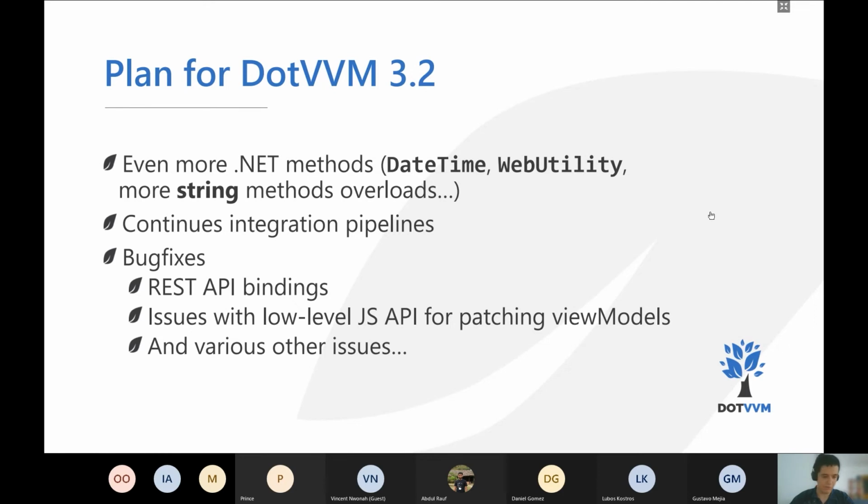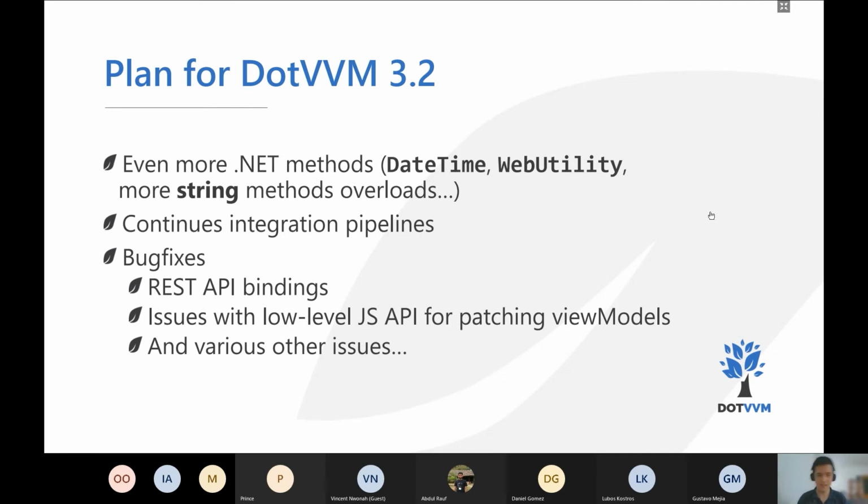In the following month or so, we are hoping to release .vvm 3.2, which will have these couple of features that I showed you on slides, but various bug fixes with it as well.